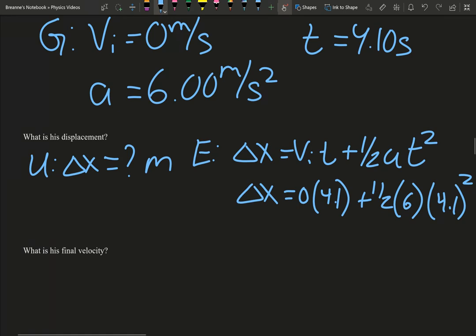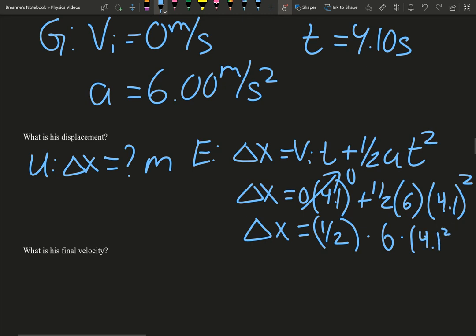So 0 times anything is 0, so that can go away. Then you can literally just plug this straight into the calculator. I'd put parentheses around 1/2, times 6, times, parentheses, 4.1 squared.